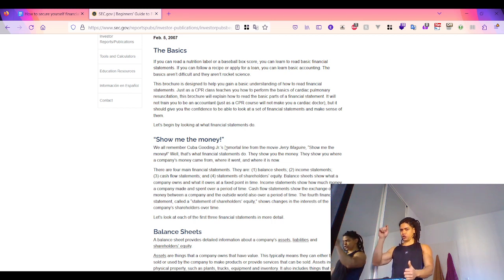The balance sheet shows what a company owns and what it owes at a fixed point in time. The income statement shows how much money a company made and spent over a period of time.